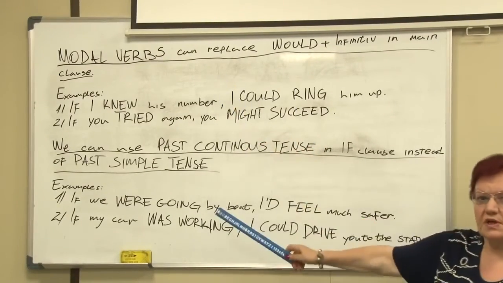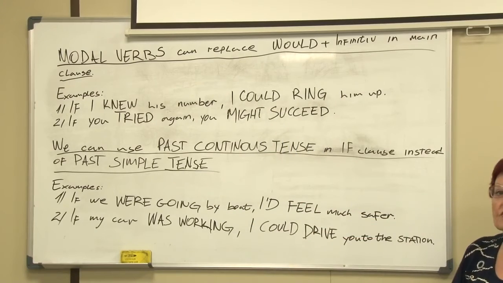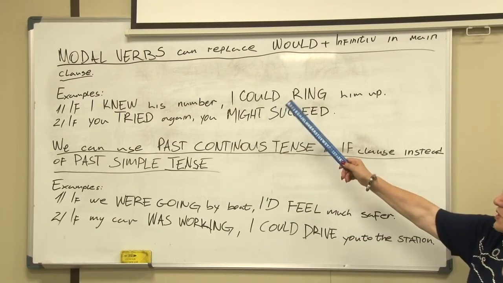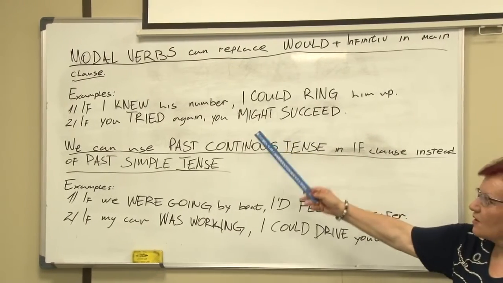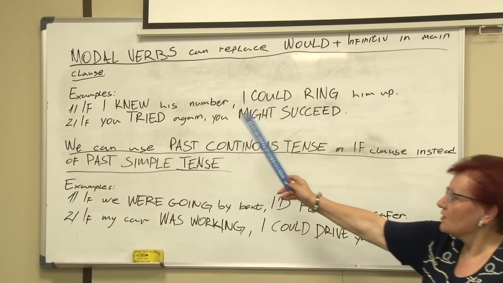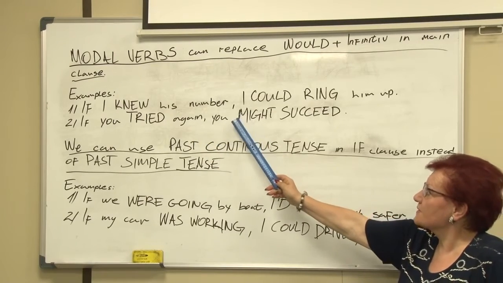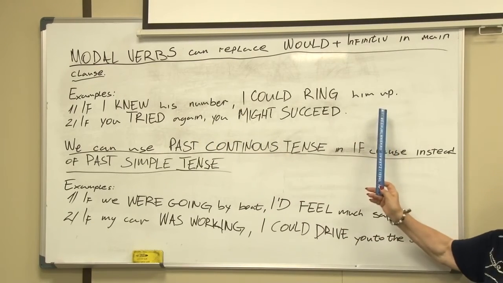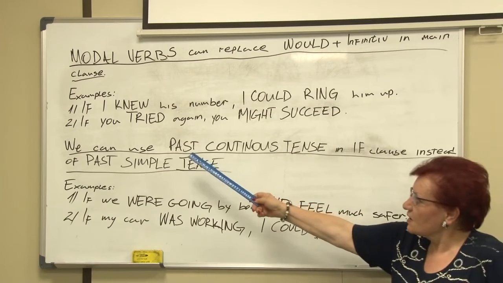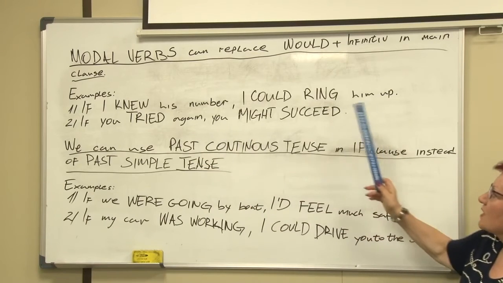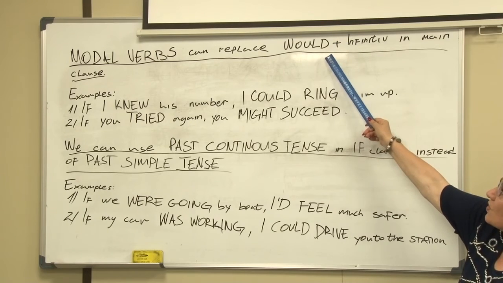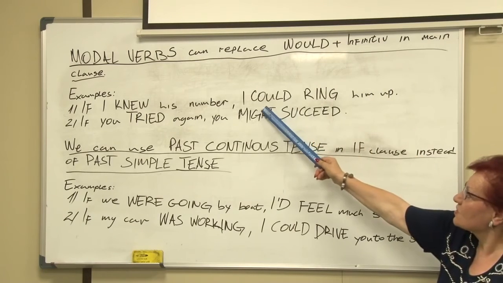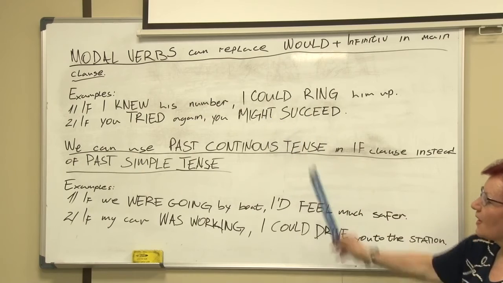Here we have some variations from what I told earlier. So modal verbs can replace would plus infinitive in the main clause. Here are some examples. The first one, if I knew his number, I could ring him up. And the second, if you tried again, you might succeed. So what you can see is that it is no more would plus infinitive, but could and might.